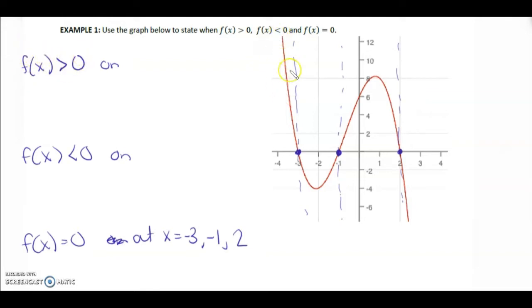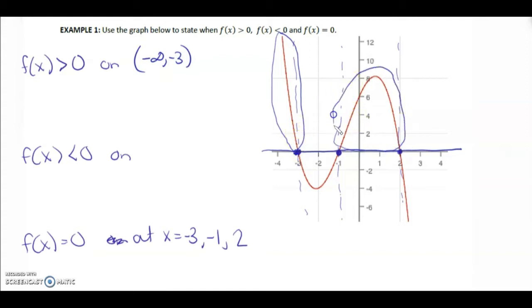Actually, let's reference the x-axis. Anything above that is going to be greater than 0. So this interval here is going to be negative infinity to negative 3. And that's why it's good to always locate the x-intercepts first. And then also this interval here, negative 1 to 2. So we can say and negative 1 to 2.